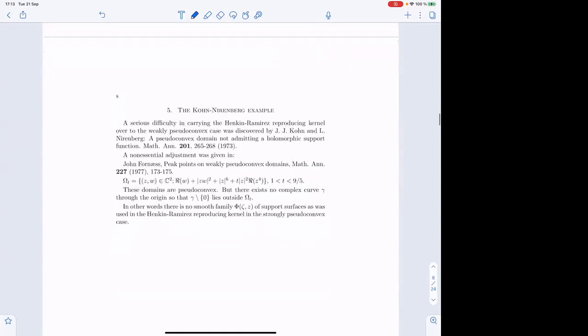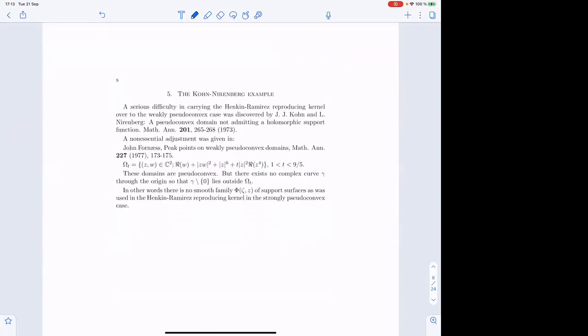Okay, so the Kohn-Nirenberg example. There is a serious difficulty in carrying the Henkin Ramirez reproducing kernel over to the weakly pseudoconvex case, which was discovered by Kohn and Nirenberg in this paper, a pseudoconvex domain not admitting a holomorphic support function.